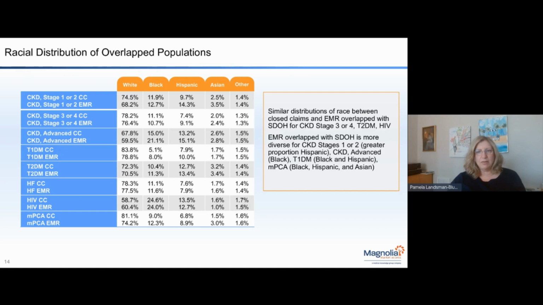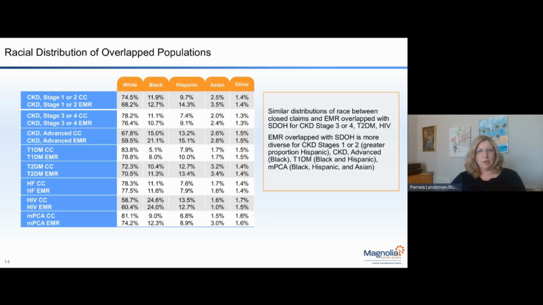However, the EMR population that's overlapped with SDOH has greater diversity than the closed claims for the early stages of CKD, where you have a greater proportion of Hispanics. You can see here it's about 9.1% versus 17.4%.